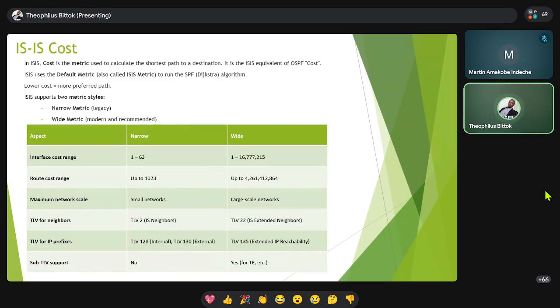And for these metrics, there must be a rationale for assigning a certain metric to a certain link. Let's say, for example, I have 2 links to reach router X. Maybe one of the links is a microwave link, and another one is a fiber link.